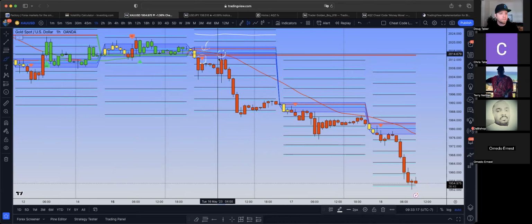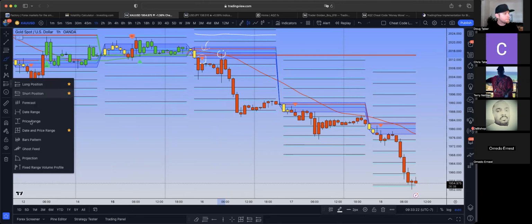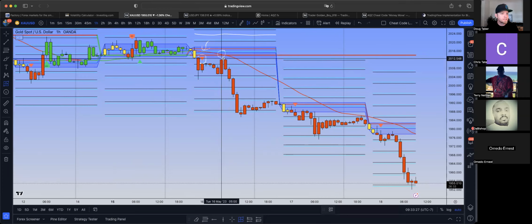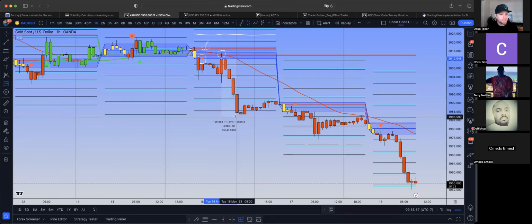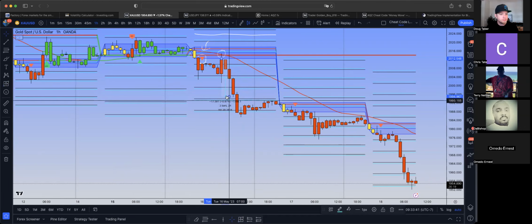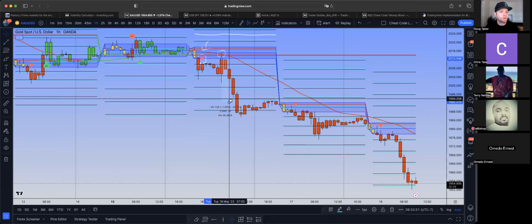We'll break out our measuring tool, date and price range. We'll just take it from the base of the block. Typically, I like to enter somewhere in the AQZ block. We'll take measurement from the base of the block, and we can see that 130 pips to 200 pips was hit.